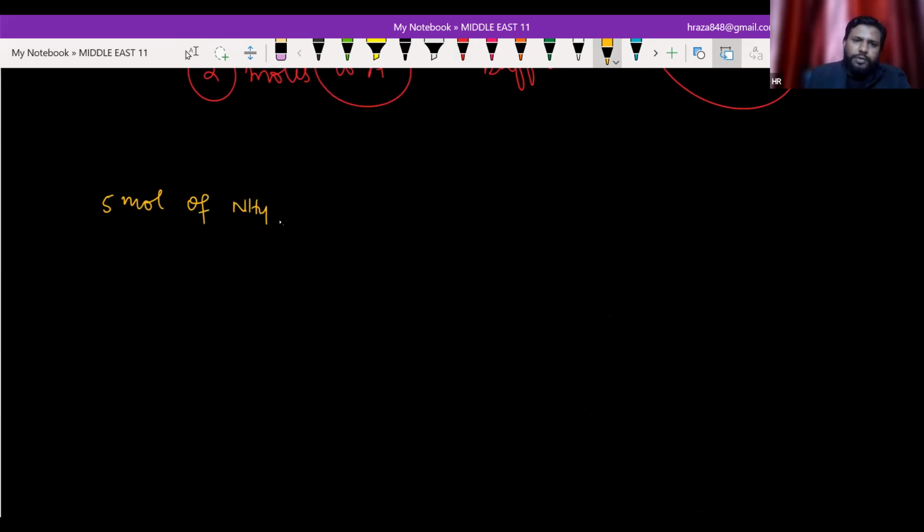5 mole of NH4OH plus 2 mole of HCl. If you are done with this, let me know.